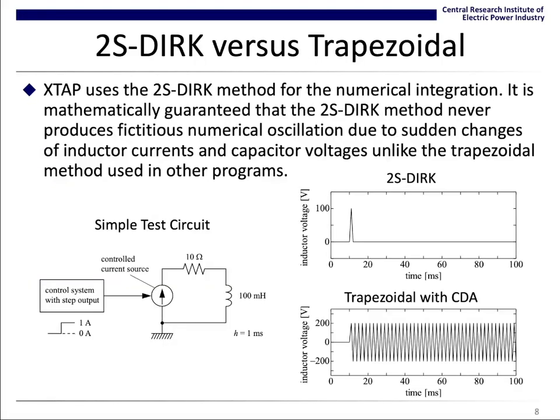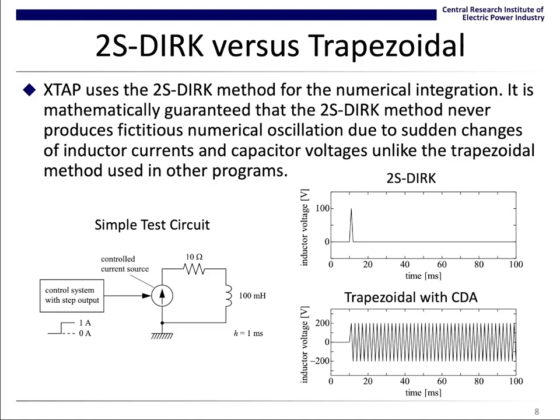Now let's talk about the accuracy of XTAP. The numerical oscillation has been an important issue in the EMT community. It is a fictitious oscillation that does not exist in reality, and thus it was a source of error when the traditional trapezoidal method is used for the numerical integration of EMT simulations.